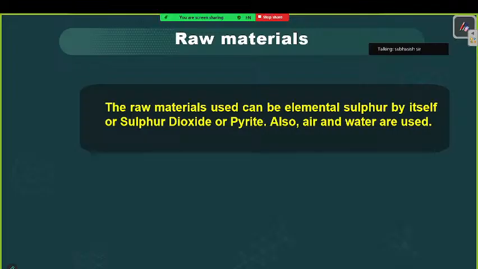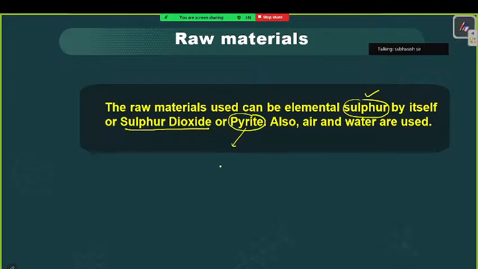In each and every industrial process, there is a requirement of some raw materials. Here you can use raw sulfur, that is brimstone or sulfur ore, from where you get the sulfur, or you can directly use sulfur dioxide. This is much less used in industry. In most cases sulfur is directly used, or pyrite.